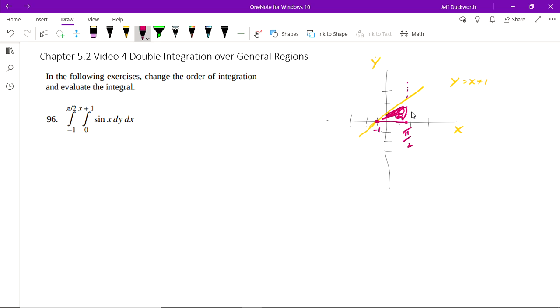So we want to flip that around, and so instead of going from 0 to x plus 1, where we would be going up from 0 to the line x plus 1 there, we're looking to go the other way. So how we would switch it up is now we're going this way.